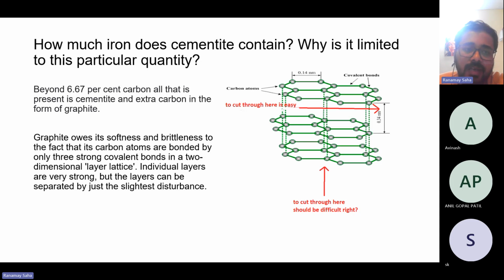Graphite then becomes very unacceptable to use in structural applications such as automotive or aerospace industries. Okay, so that is the reason that carbon percentage is limited to 6.67 and not extended beyond, because of the formation of graphite. Okay, keep such concepts in mind, because such questions may come up in the multiple choice exam also.